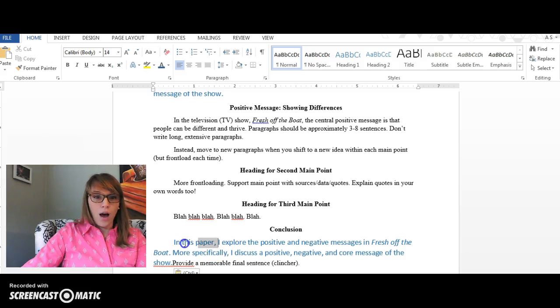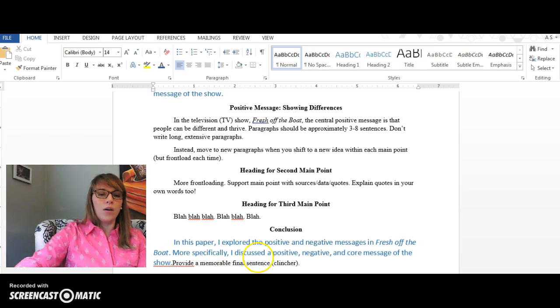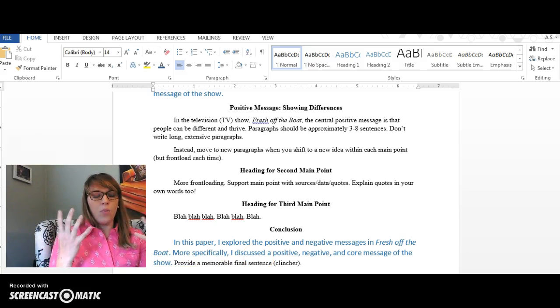I do a lot. So instead of in this paper, I might say in this argument or whatever you want to do, but you don't have to. You could literally copy and paste, just make the verbs past tense because you already discussed and explored those topics. And then you want to end your conclusion with a memorable final thought or summative thought about what you've claimed or argued in your paper.